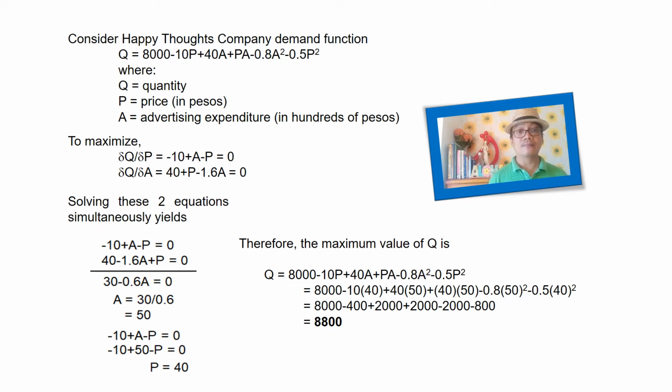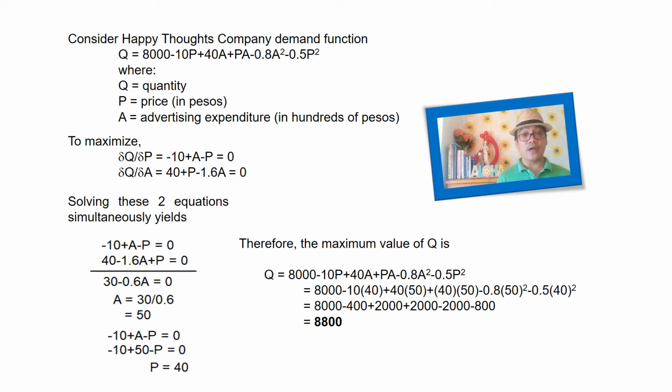So we have the partial derivative of the demand function with respect to P equal to negative 10 plus A minus P equals 0. Now, the partial derivative of Q with respect to A is equal to 40 plus P minus 1.6A equals 0.